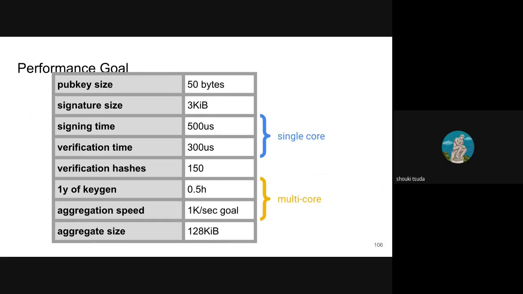This goal is set as the current spec of the consensus layer. So if we cannot achieve this goal, we might need to reduce validators, or we should also consider 3SF and any other new specs, I think.